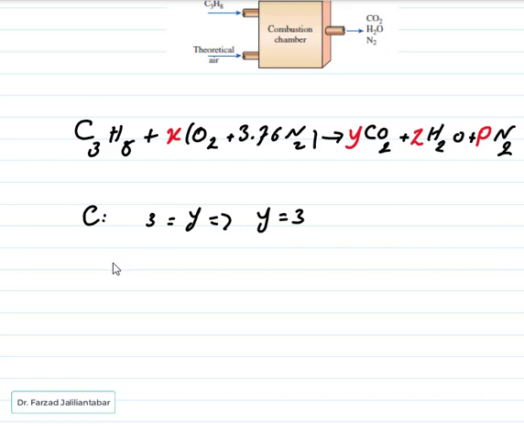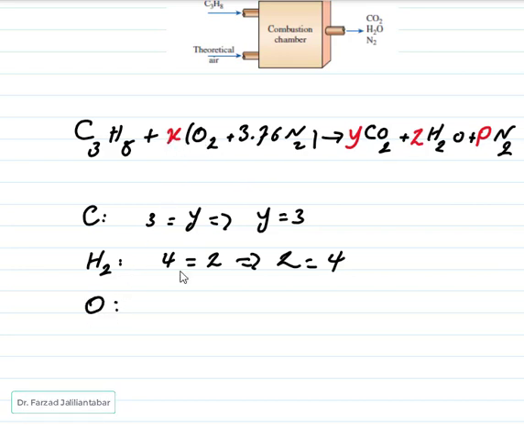What about hydrogen? For hydrogen, about H2, we have 4 here and Z here. So Z will be 4. Then next is oxygen.